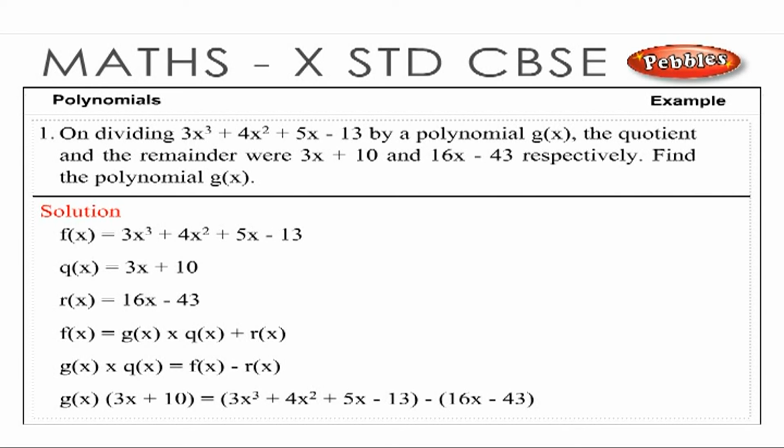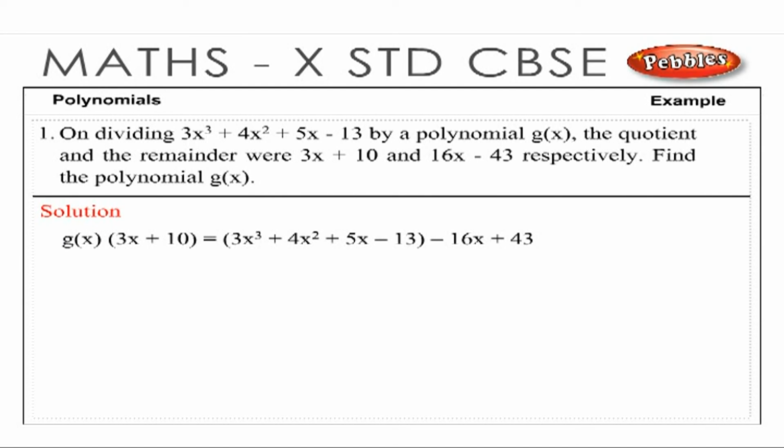G of x into 3x plus 10 is equal to 3x cube plus 4x square plus 5x minus 13 minus 16x minus 43. G of x into 3x plus 10 is equal to 3x cube plus 4x square plus 5x minus 13 minus 16x plus 43. G of x into 3x plus 10 is equal to 3x cube plus 4x square minus 11x plus 30.